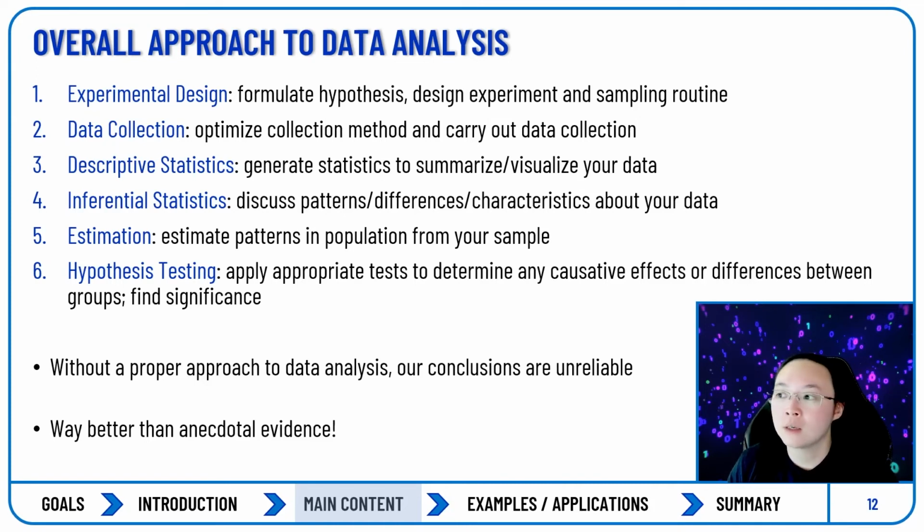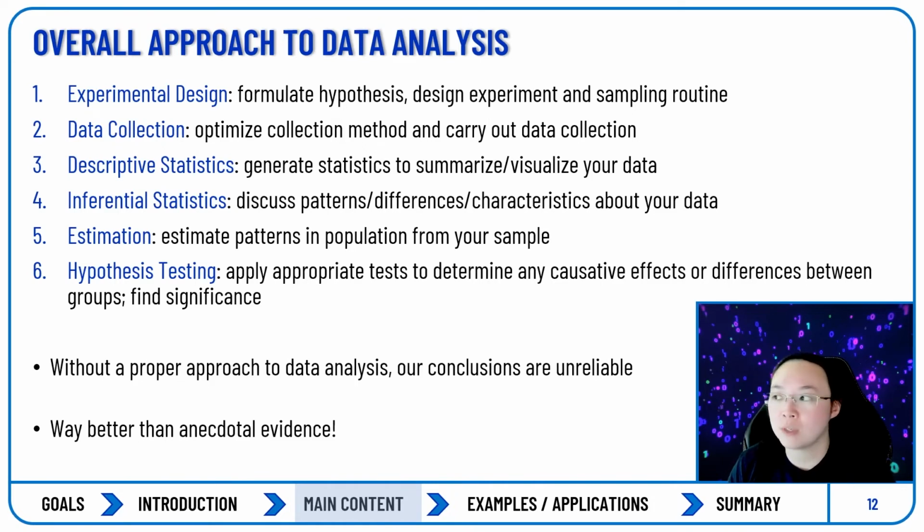So that means we have to be able to formulate a hypothesis, design an experiment, and create a sampling routine that is effective and unbiased. When we're talking about experimental design, it applies to certain types of fields and certain types of experiments that we do.